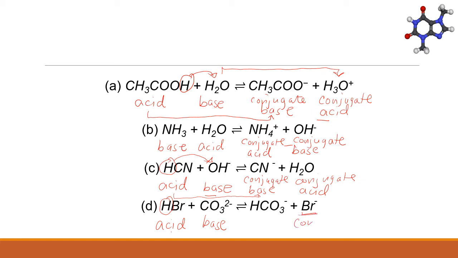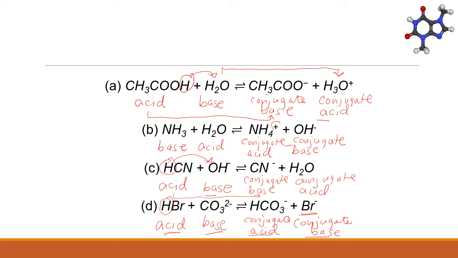So this must be the conjugate base, which makes the carbonic ion the conjugate acid. So there you have it. Just remember that an acid will have a conjugate base pair and a base will have a conjugate acid pair.